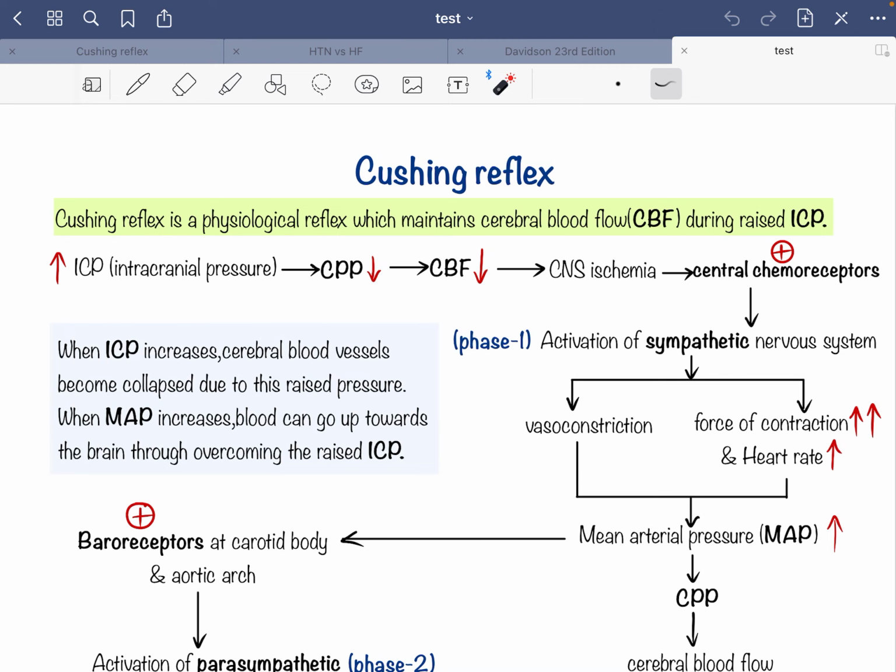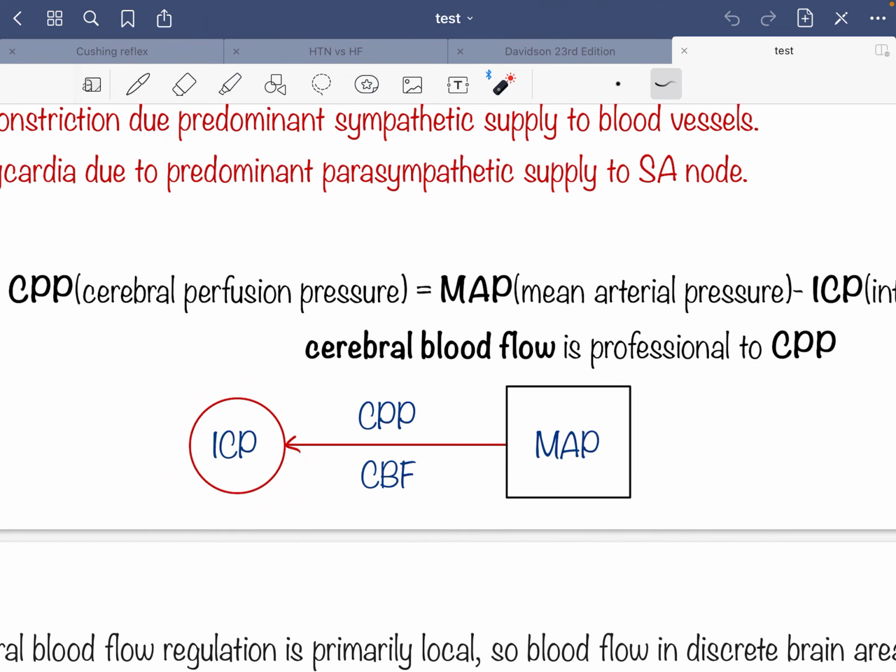Suppose the rounded portion here is your brain, and the pressure within the brain is indicated as intracranial pressure, that means ICP. On the other hand, the total average pressure in your systemic circulation is indicated here as mean arterial pressure, and we know that the mean arterial pressure is equal to diastolic blood pressure plus 1/3 of pulse pressure.